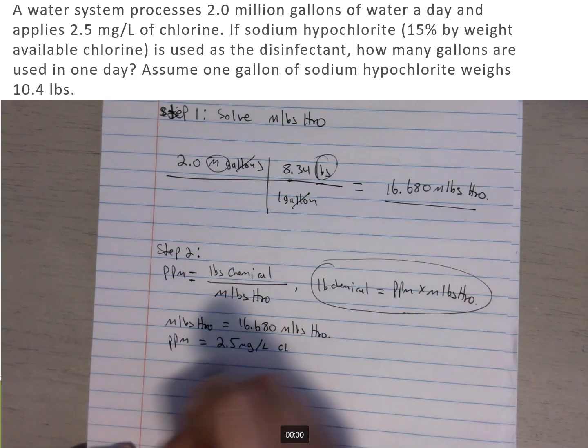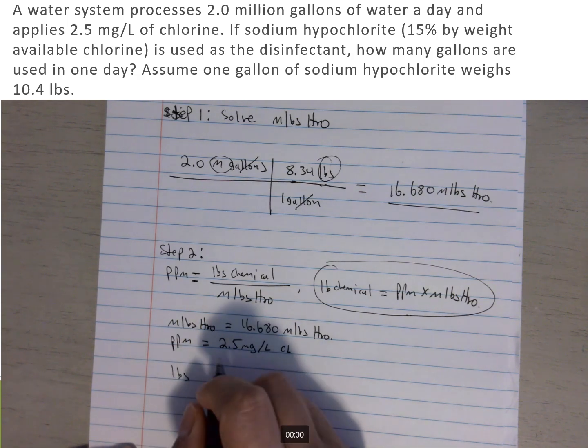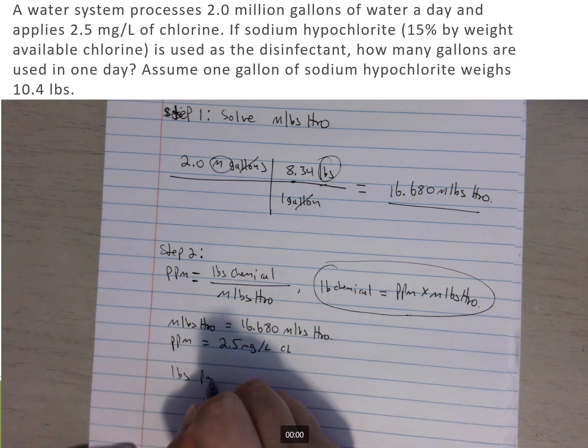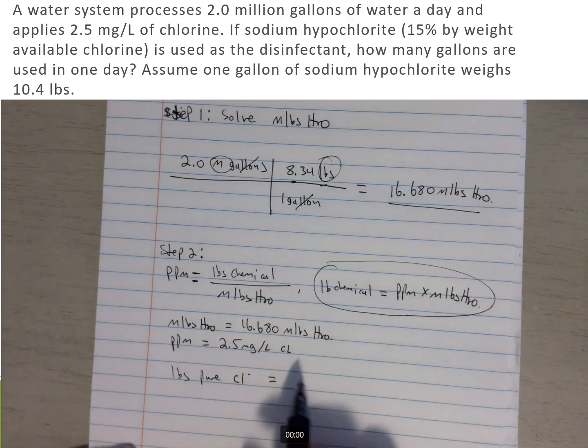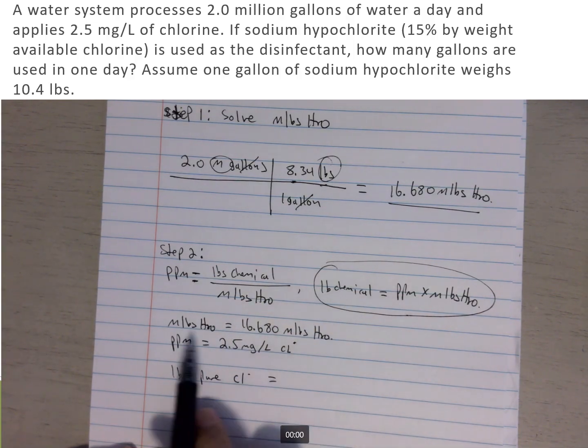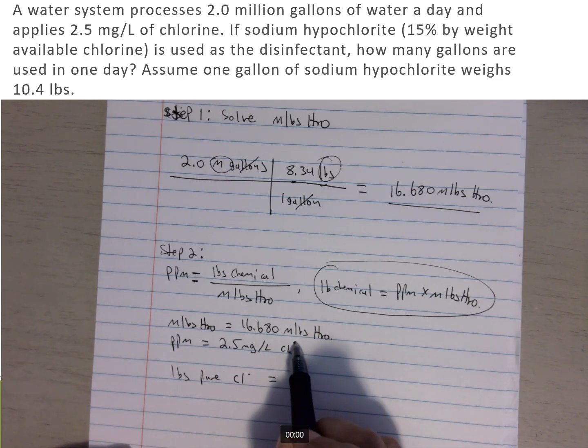So now that we know which one we're using, pounds of pure chlorine, right? Because that's what this will give us, because our concentration is in milligrams per liter of chlorine, right? Pure chlorine.